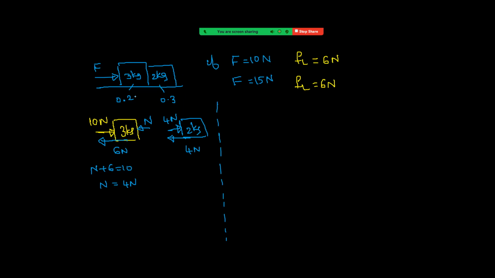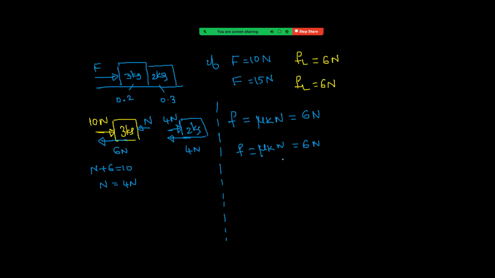Here 0.2 and 0.3 are given, and nothing else is mentioned, so we take mu s and mu k both as the same. Since the system is moving, the frictional force on each one is kinetic, which is equal to mu k into normal reaction, that is 6. For the 2 kg block also, the same, mu k into N. Both are moving as a whole.